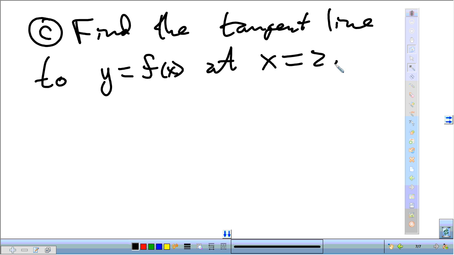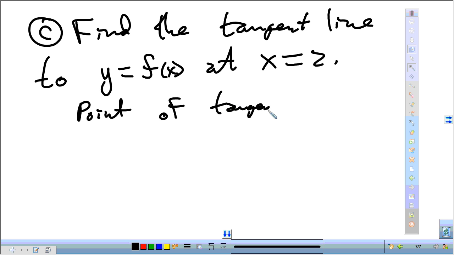And so we can begin to ask questions about what's going on once we know how to find a derivative, such as what's the tangent line to this curve y equal f of x at x equal 2. So there's a point of tangency.